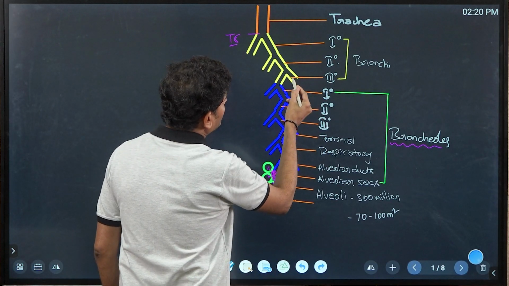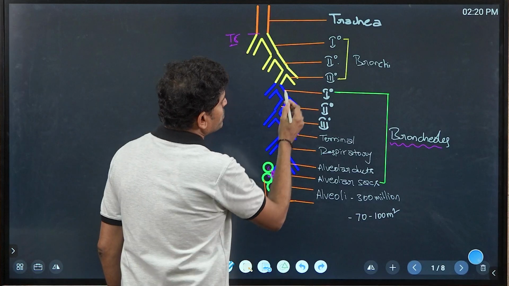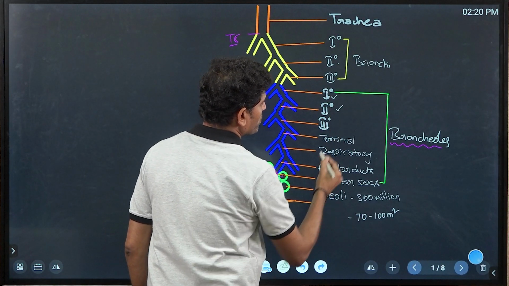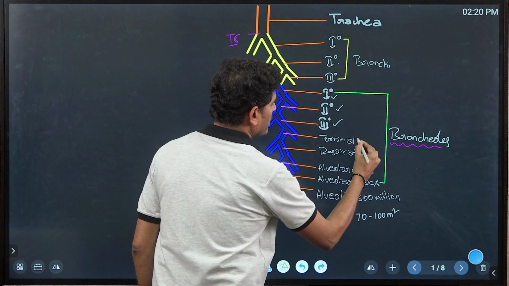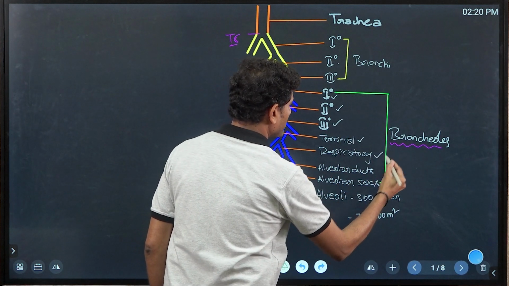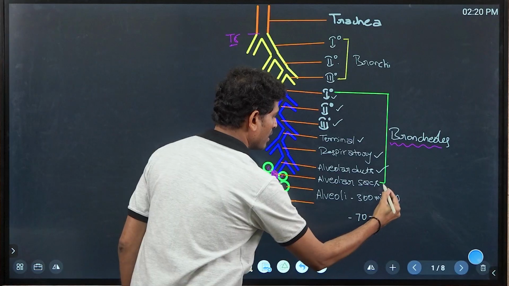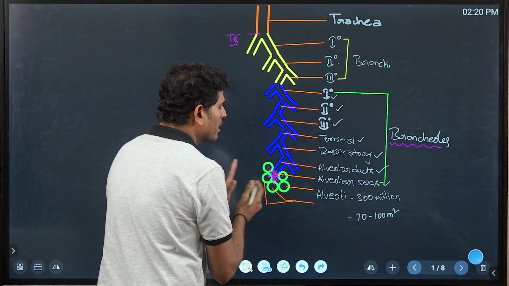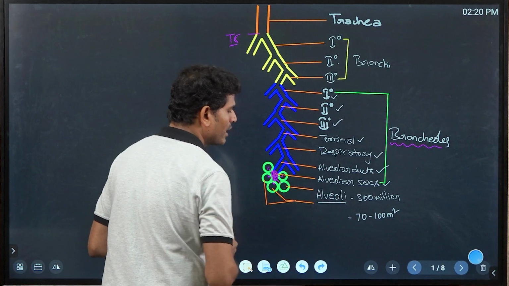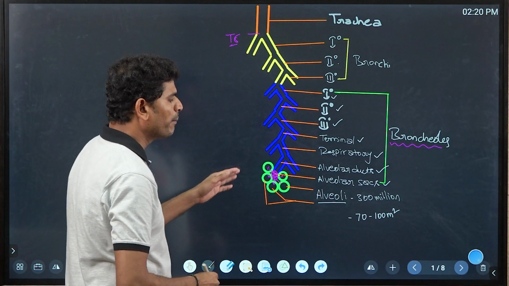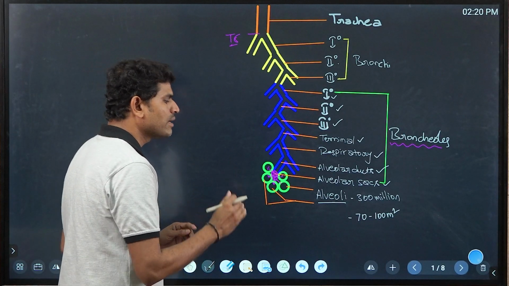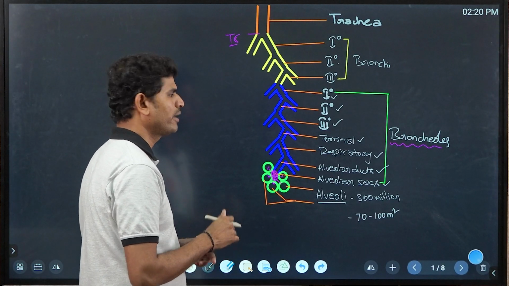These bronchi further divide into primary bronchiole, secondary bronchiole, tertiary bronchiole, terminal bronchiole, respiratory bronchiole, alveolar ducts, and alveolar sacs. Alveolar sacs finally end in small pouches called alveoli. Their number is 300 million and they provide a surface area of 70 to 100 square meters.